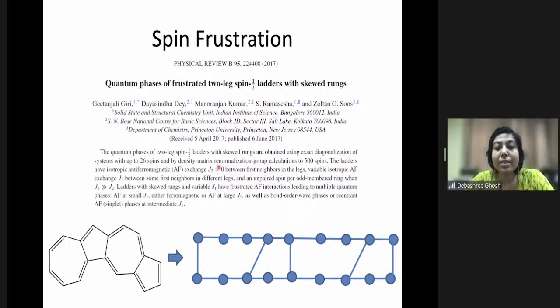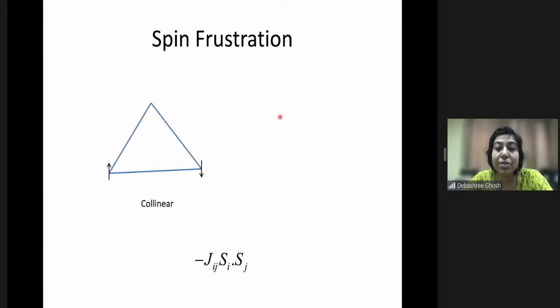What these authors figured out is that in these skewed rung ladders, there's a lot of spin frustration going on, and that's why they can take different magnetic phases. So we thought that maybe that's what is going on. Firstly, what is spin frustration? Well, if we have spins on a triangular lattice, and they are antiferromagnetically coupled, which basically means the spins want to be opposite to each other, as in, if I have a spin up, then the adjacent one wants to be spin down, and so on.